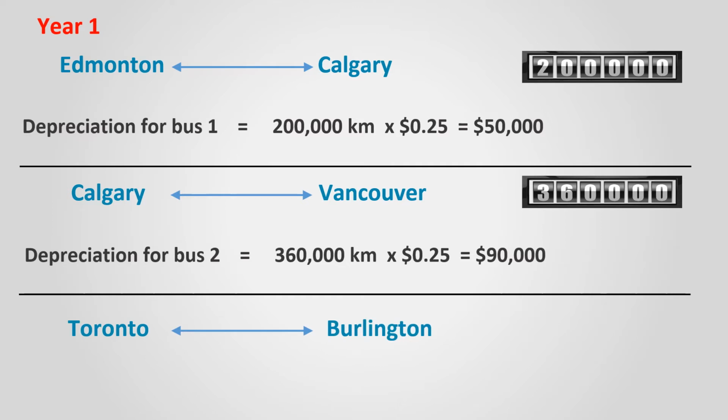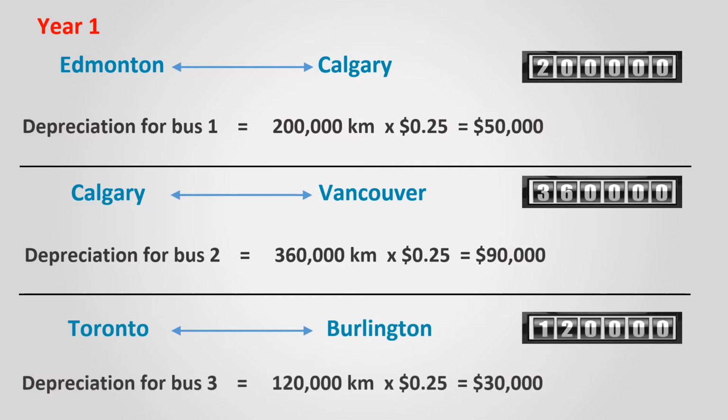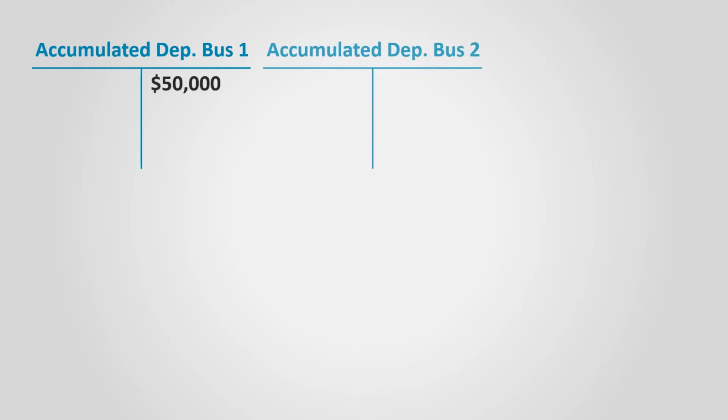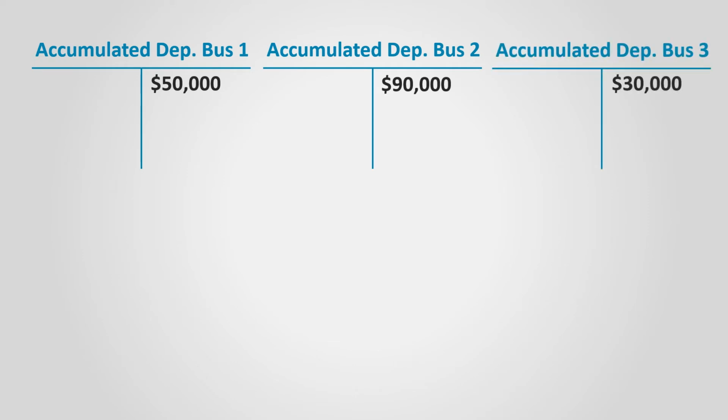The depreciation expense for the Toronto-Burlington bus is equal to 120,000 kilometers times $0.25, equal to $30,000. After recording the depreciation expense, the accumulated depreciation of each bus has the following balances. Bus 1 is $50,000, Bus 2 is $90,000, Bus 3 is $30,000.